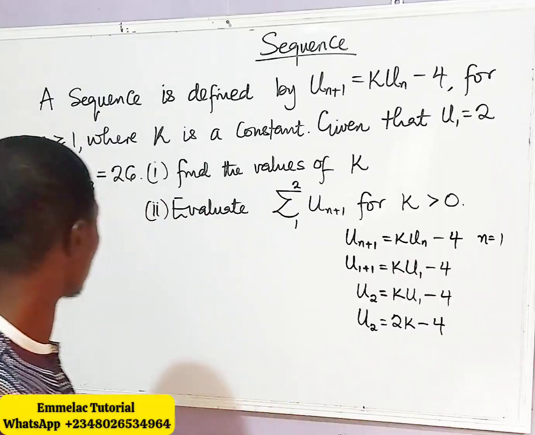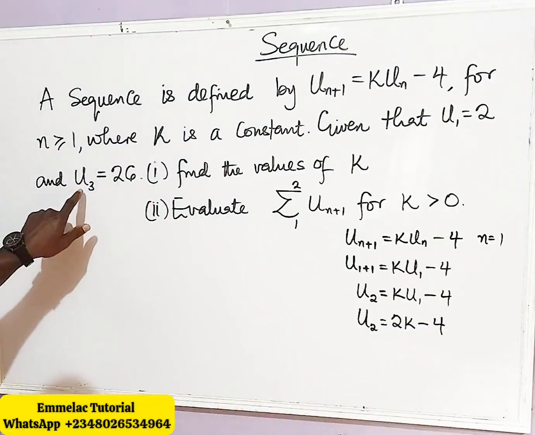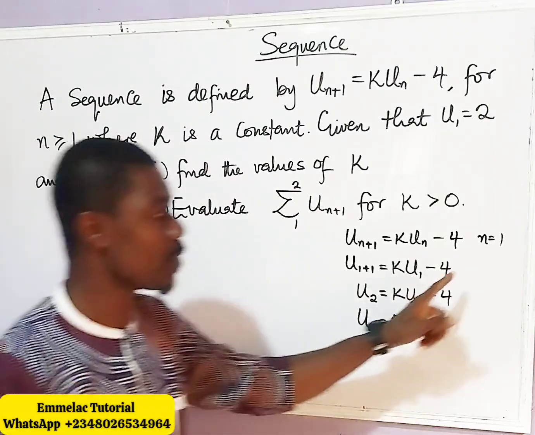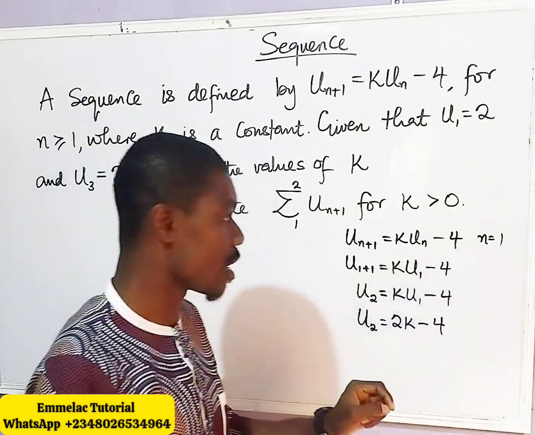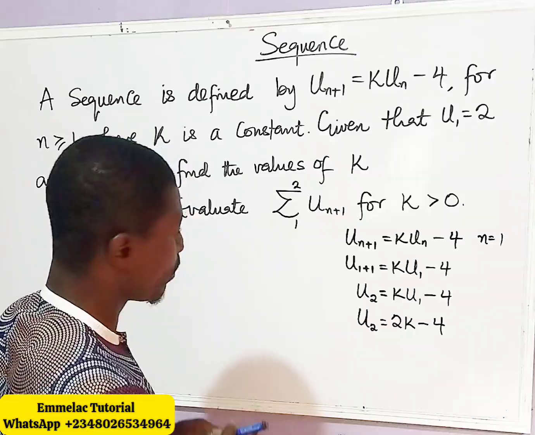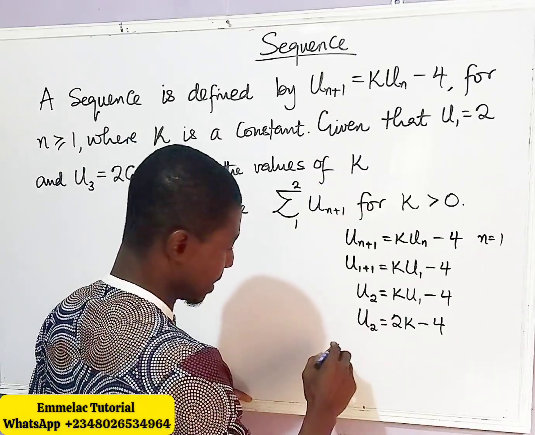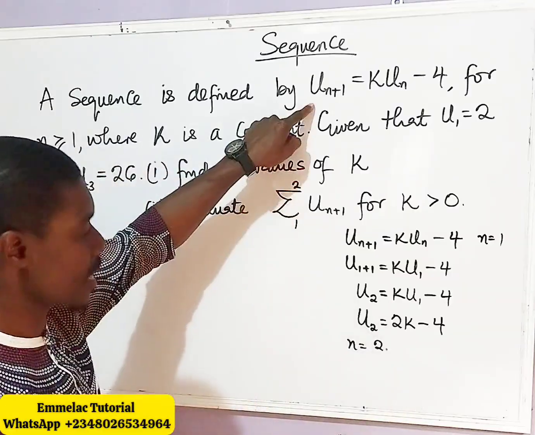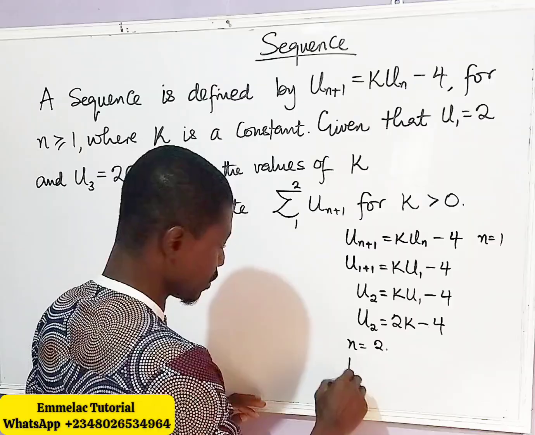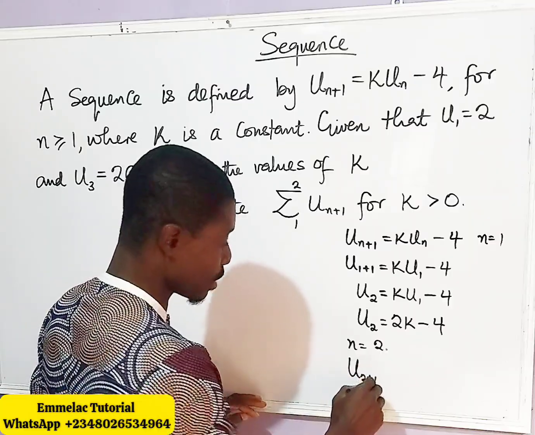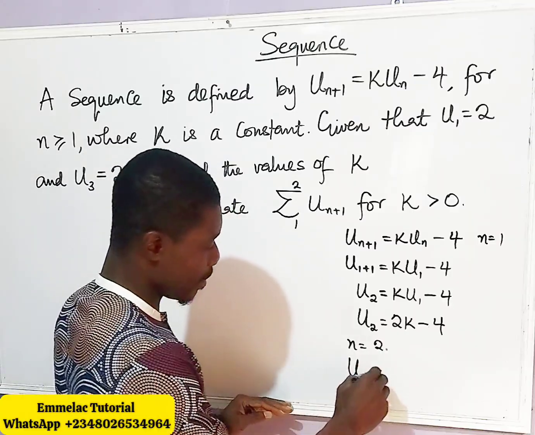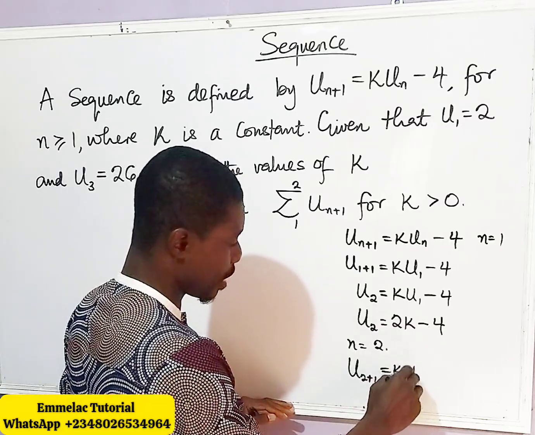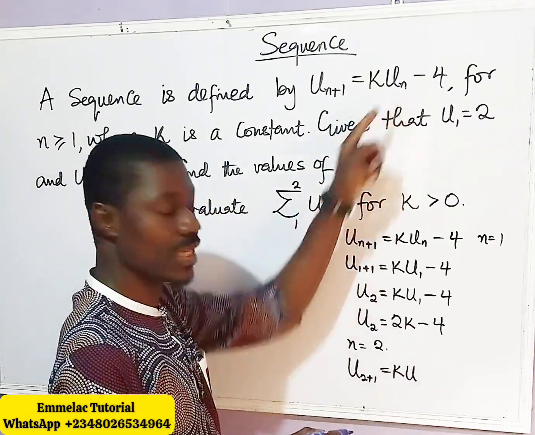Now let us plug in n equals 2. We have u sub 2 plus 1 equals k u sub 2 minus 4, replacing n with 2.